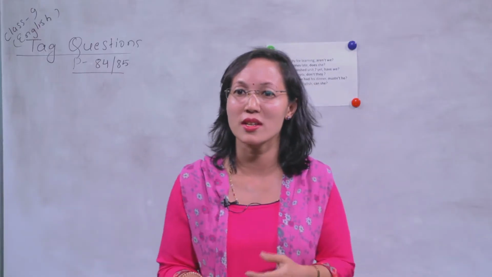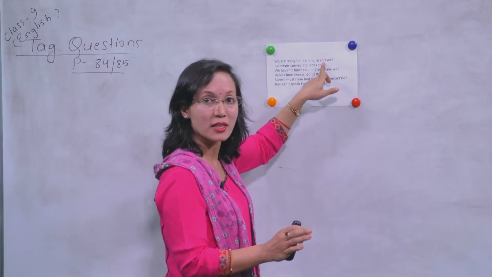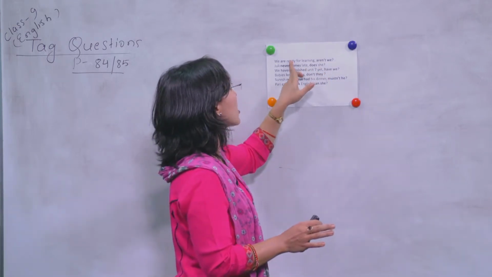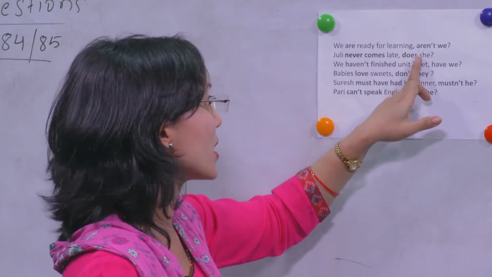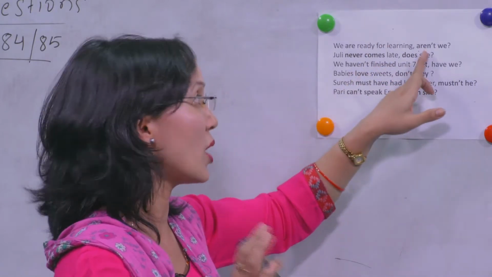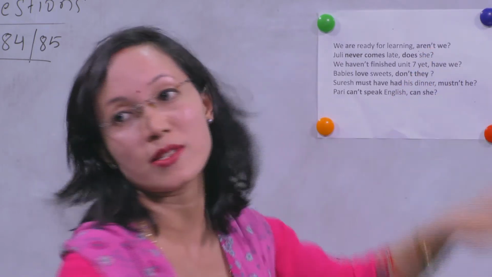Now the structure: auxiliary, not. I have put the contracted form in brackets, which means it is optional. Optional in the sense that if the statement is negative, we shouldn't mention it. If it's affirmative, then we need to give the negative form of the question tag.